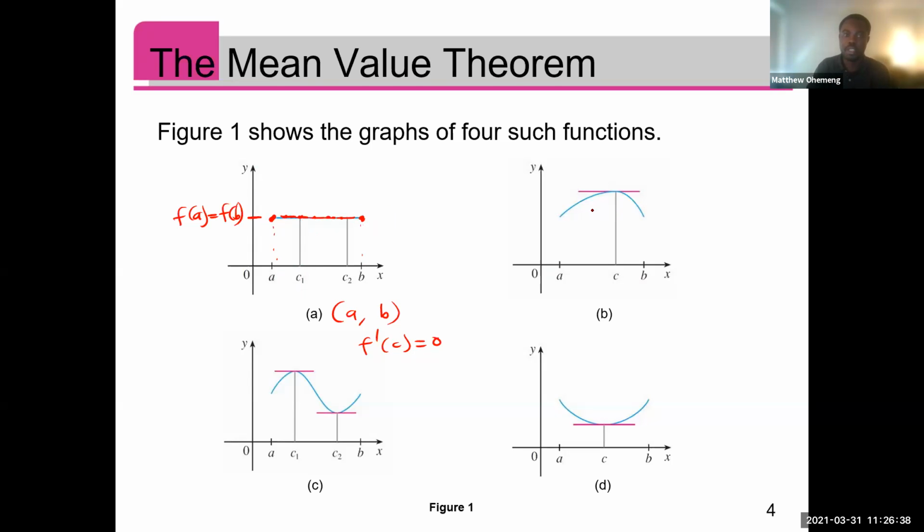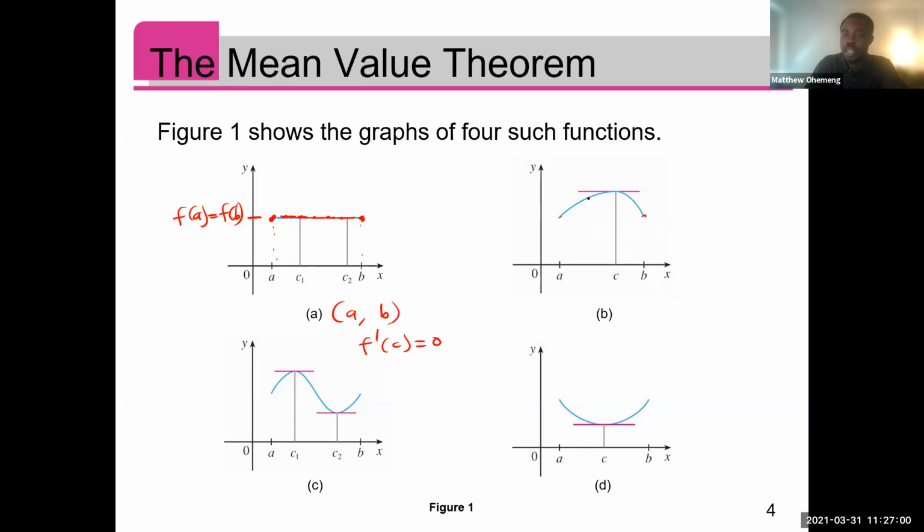Okay, now let's move on to the second graph. Let's run through the conditions, the hypotheses. First, is the function continuous on a closed interval? Yes, this function is defined for a here and defined for b here, so it's continuous on a closed interval. The next thing: is the function differentiable?